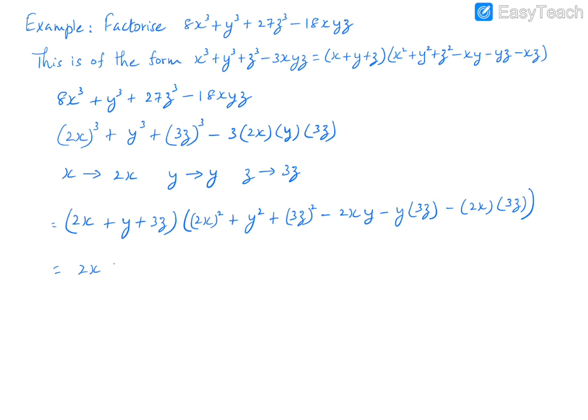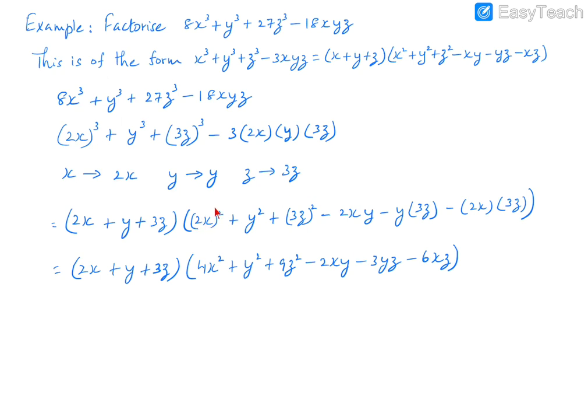So that gives us 2x plus y plus 3z into 2x the whole square is 4x square plus y square plus 3z the whole square is 9z square minus 2xy minus 3yz minus 2 into 3 is 6 times xz.